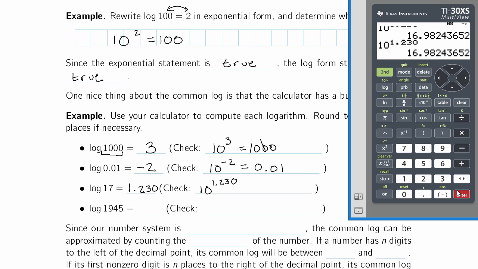Either way, same thing. They do the same thing. That second log just gives us a shortcut. But you'll notice that didn't give us exactly 17, which is to be expected, right? If we round the input, we're going to get output that's a little bit off. That's to be expected. But this is very close to 17.